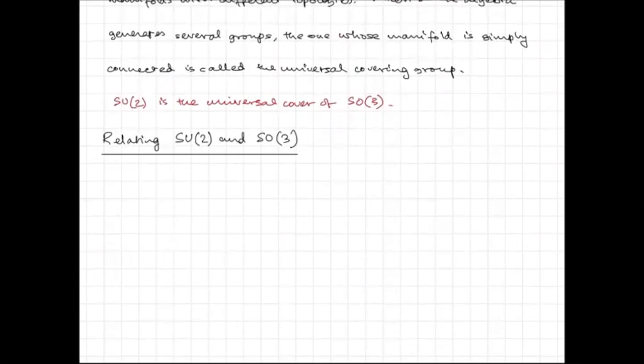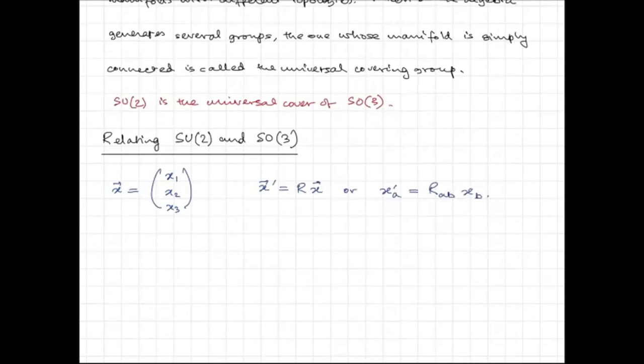So the vector x is x1, x2, x3. That's a vector. And we take it to x primed with Rx. Or if you want a notation with indices, xa primed is Rab xb.